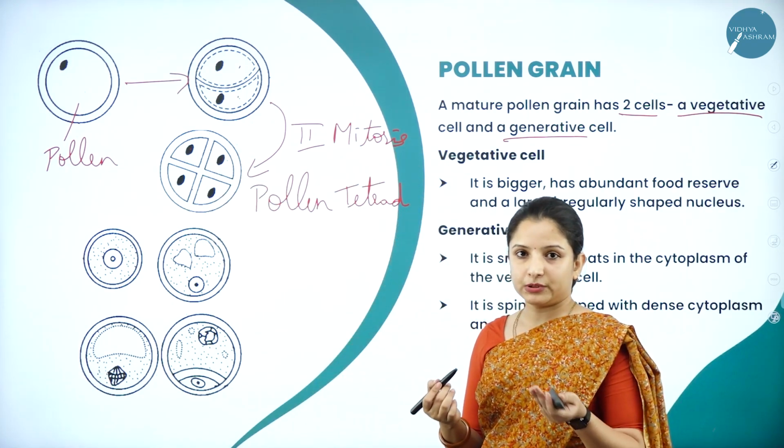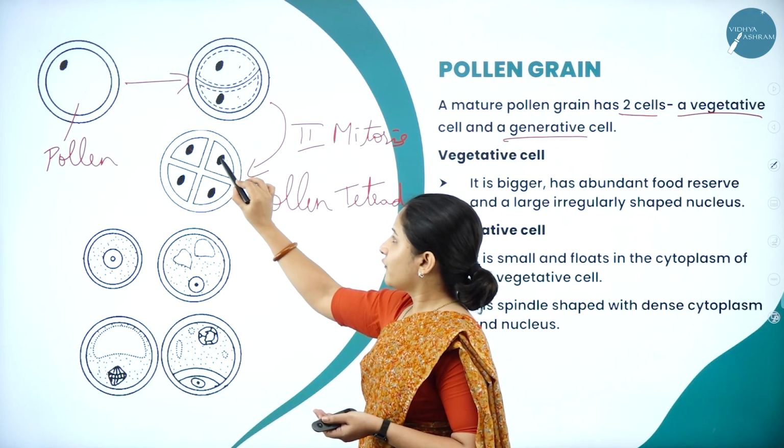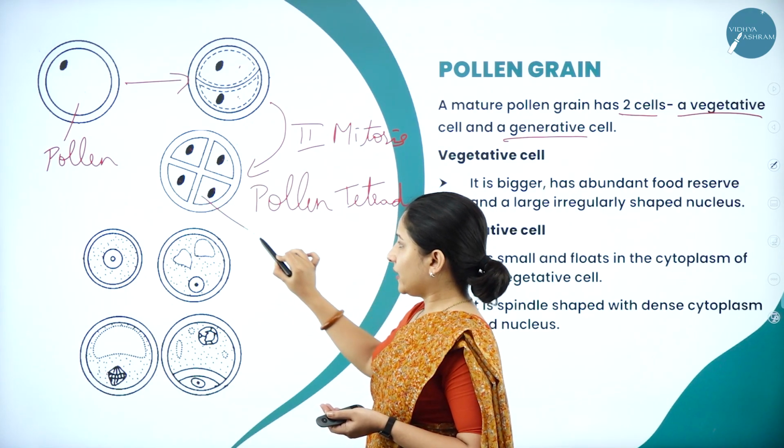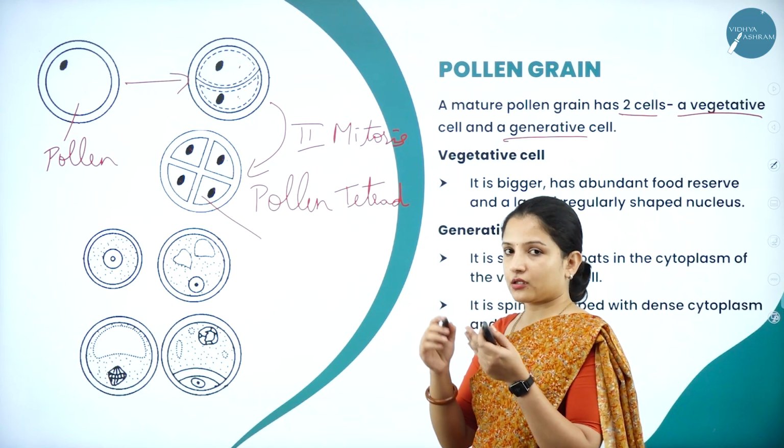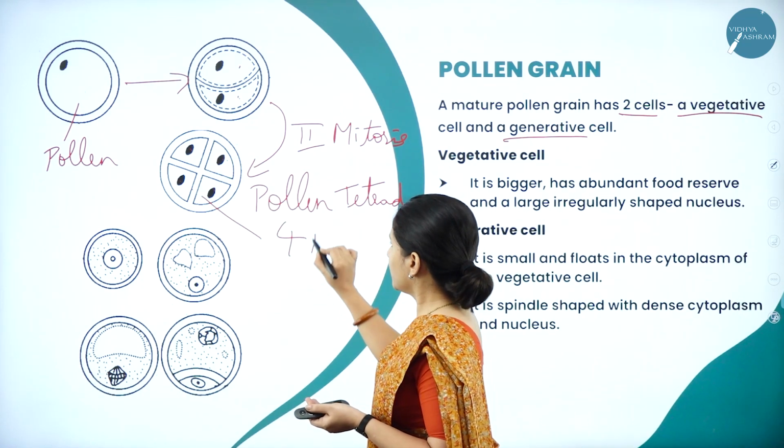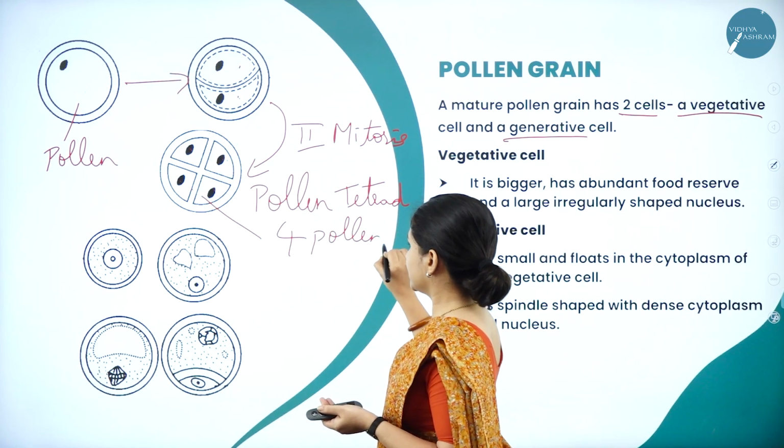Why is it called a tetrad? You can see there are four pollen. Inside one grain itself, there are four pollens present. That is why it is a tetrad.